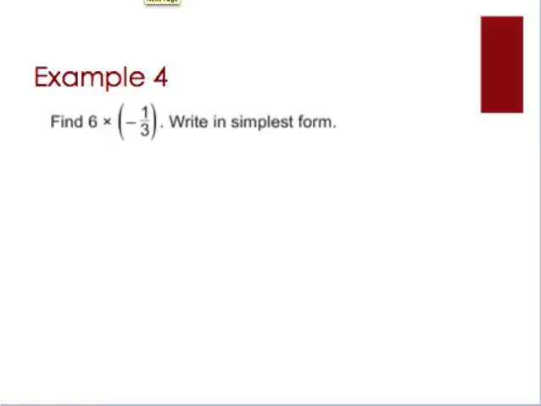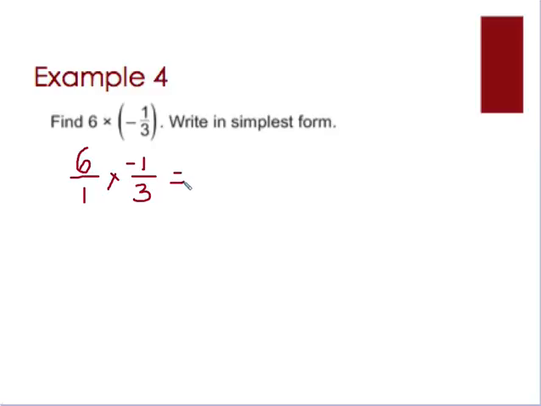Pause the video and try and solve example 4 on your own. Ready? So, once again, we take our 6, put it over 1, times it by -1 on the top and 3 on the bottom.